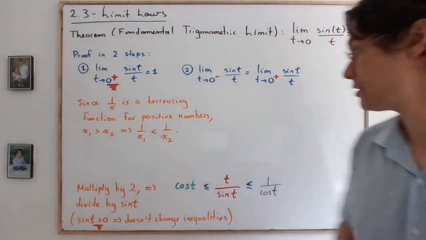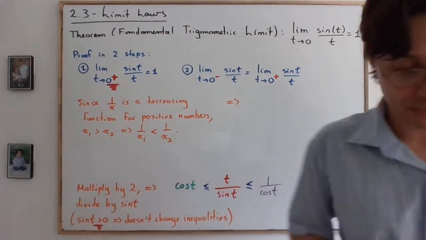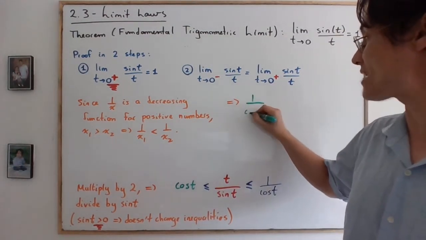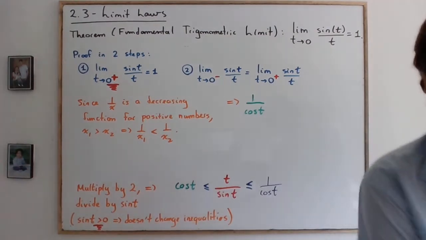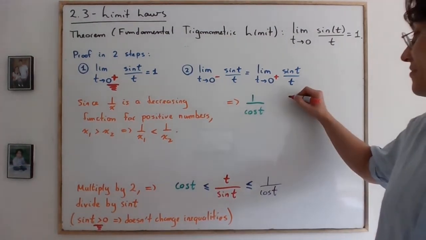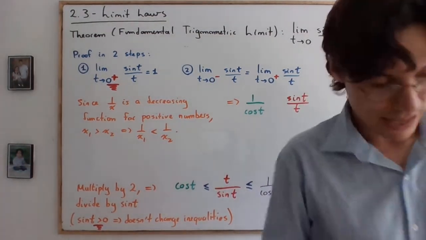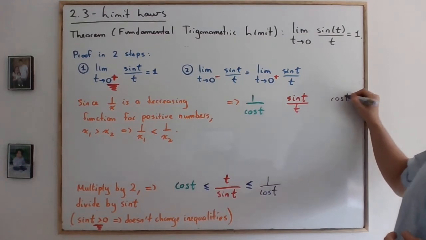As a result, what happens when we flip every side of this inequality? We have 1 over cosine of t, and instead of t over sine of t, we have sine of t over t, and we have here the cosine of t.